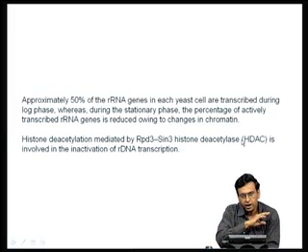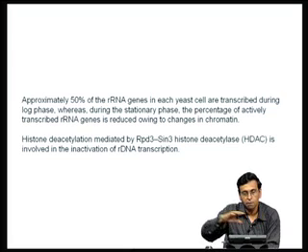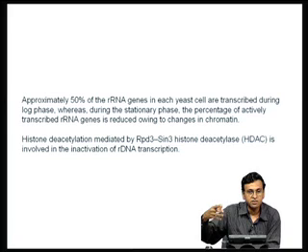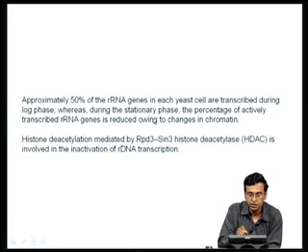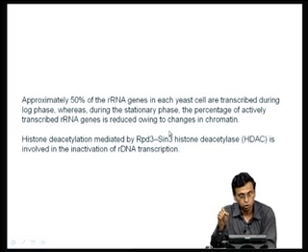Now, although there are hundreds of copies of rRNA genes inside the nucleus, not all these rRNA genes are transcribed at a time. Only about 50% of the rRNA genes are transcribed in each cell during log phase, whereas during stationary phase the percentage of actively transcribed rRNA genes is reduced owing to changes in the chromatin.